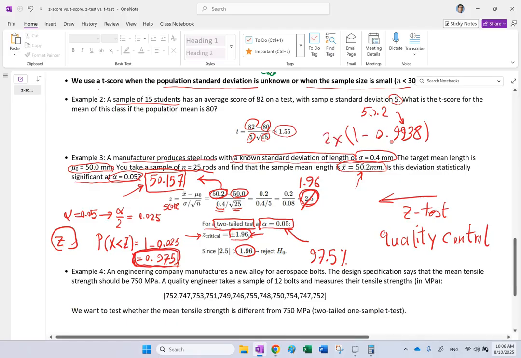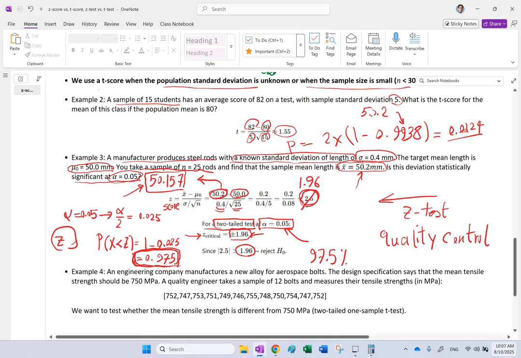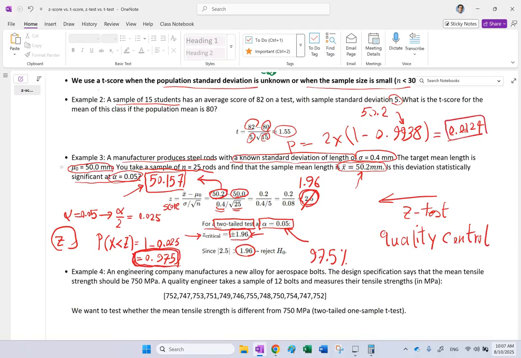That is going to be your p-value in this case. So if you subtract that, you are going to get 0.0124. So it's very, very unlikely, even less than 5% chance that you ever see such a rod with this length.